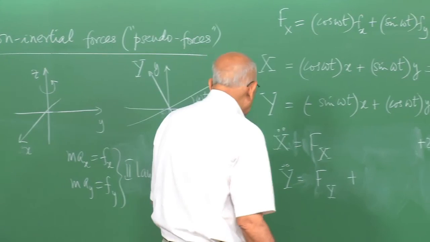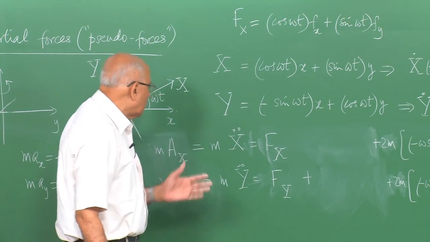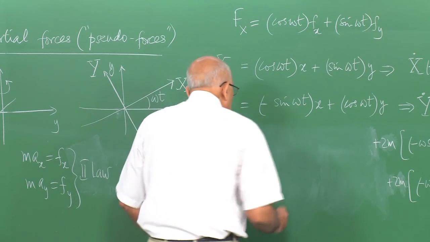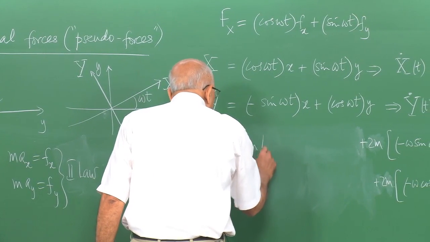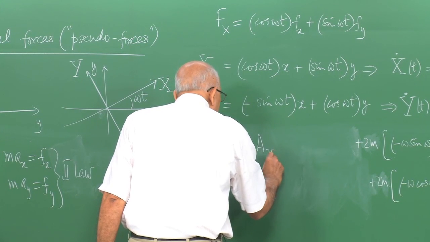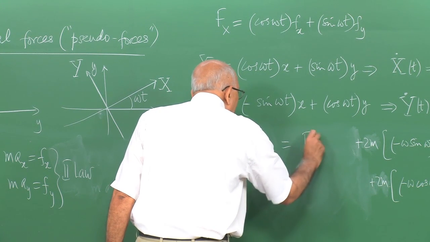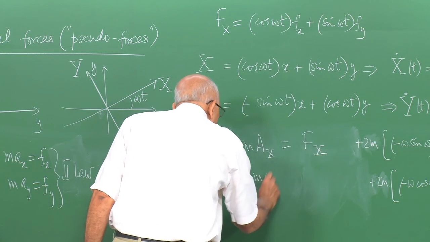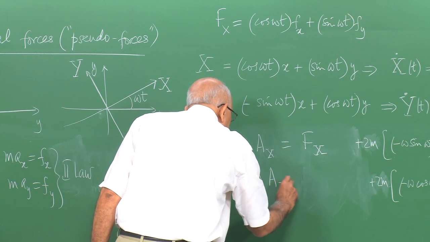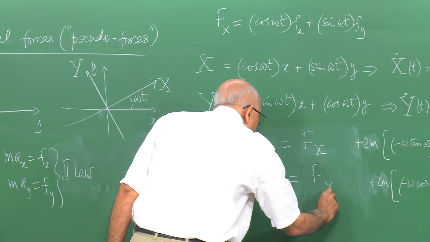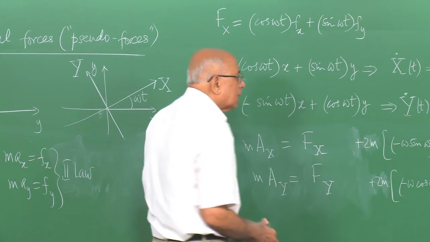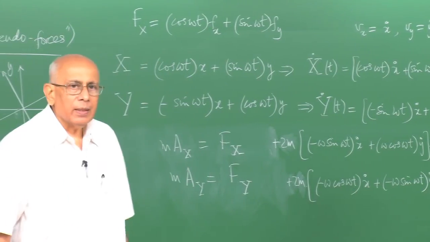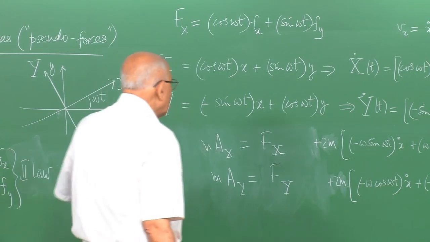So writing Newton's second law in this form tells you that M A x is equal to F subscript x plus some other piece, and similarly M A sub y is equal to F sub y plus some other piece, and these have the dimensions of force components, which is why these are called pseudo forces or non-inertial forces.